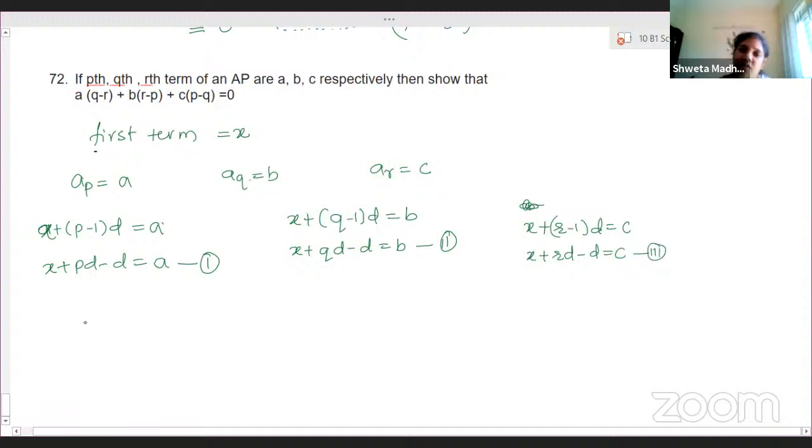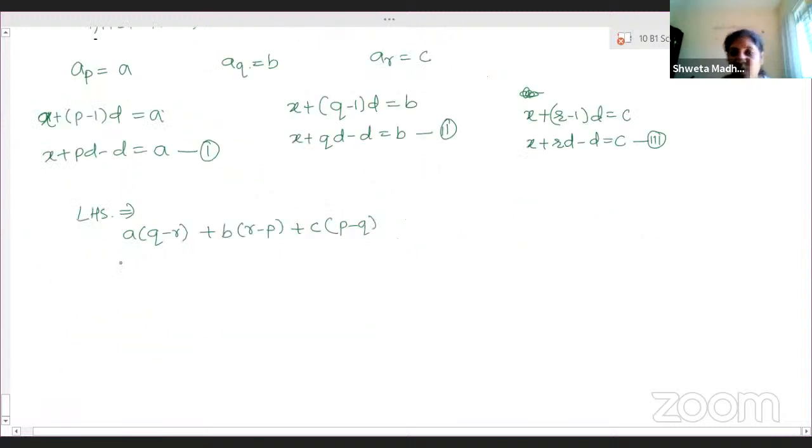Now start from the LHS. LHS is A into (Q minus R) plus B into (R minus P) plus C into (P minus Q). We have to show this is equal to 0. So what is the value of A?